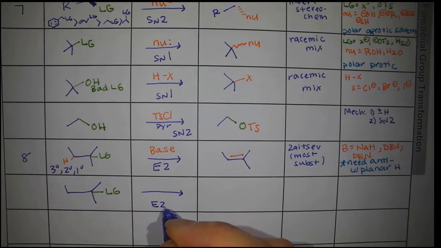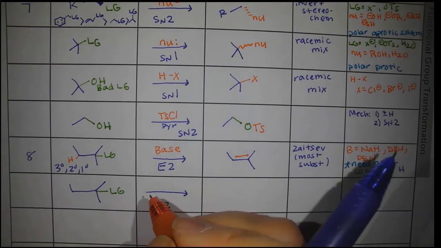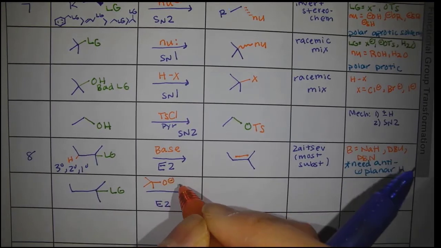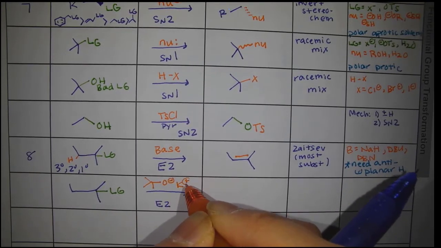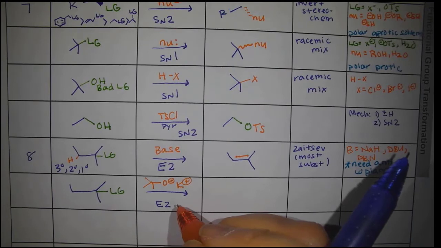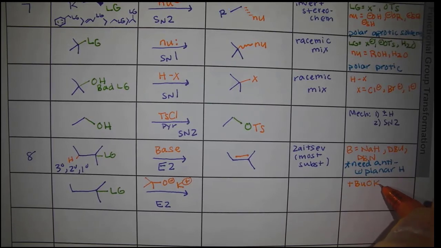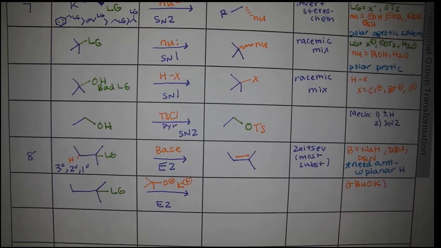This is another E2 reaction, and this is with tert-butoxide. It's also sometimes written as tBuOK for potassium tert-butoxide. So if you see tBuOK, that's the same thing as this structure right here.